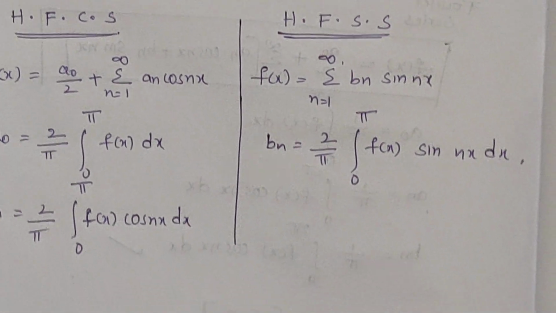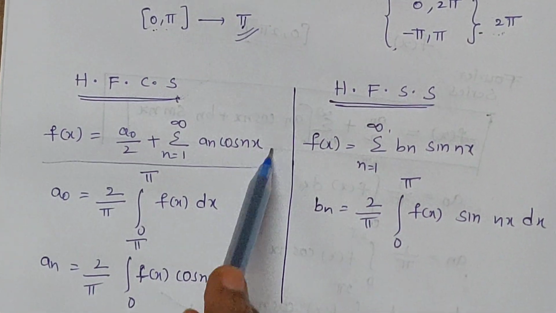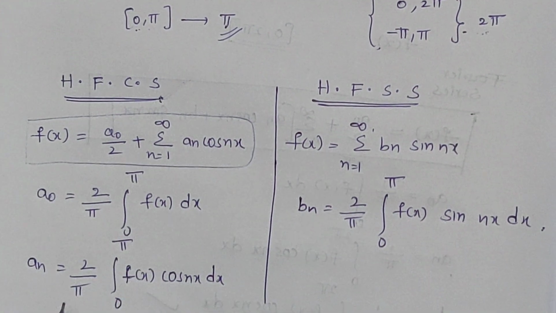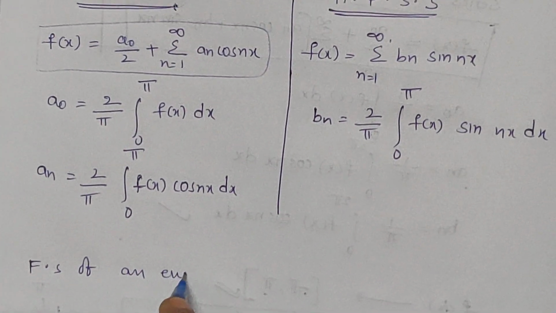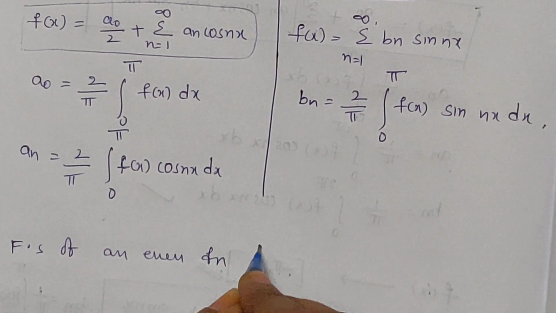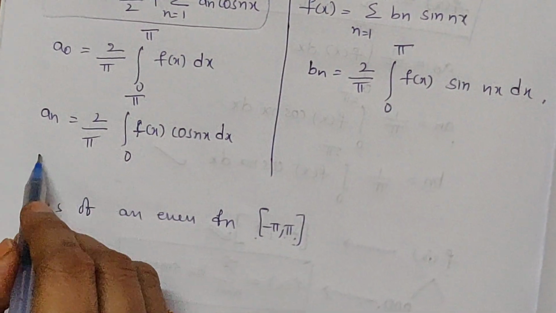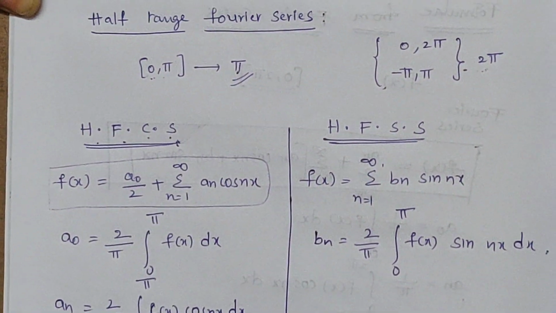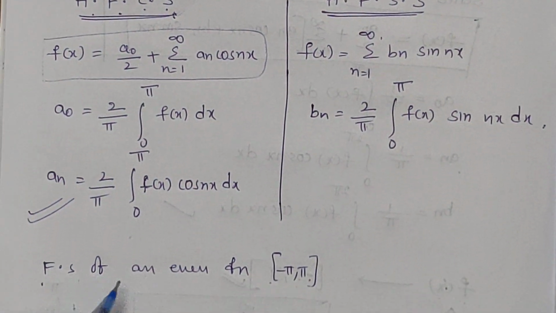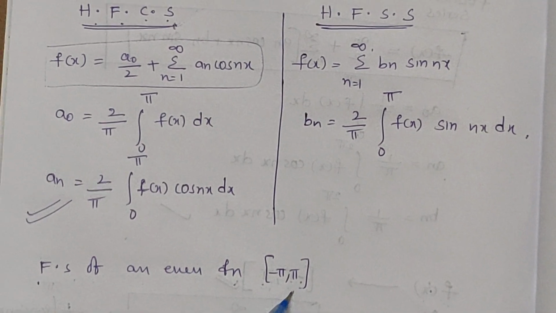Clearly, if you observe, the half range Fourier cosine series coincides with the Fourier series of an even function defined in the interval minus pi, pi.